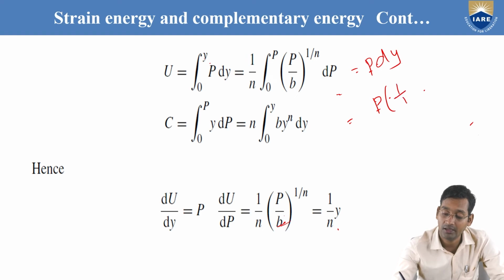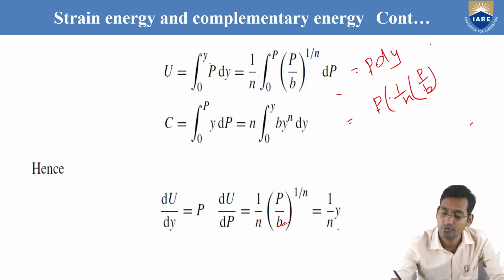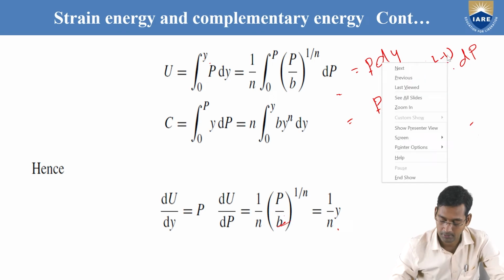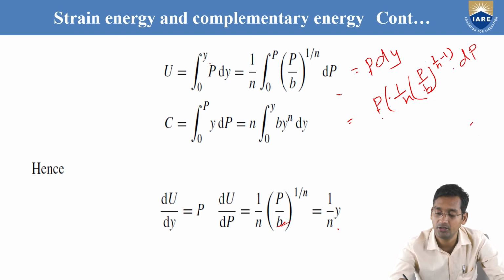So 1 by n (P by B) to the power 1 by n minus 1 into dp. Right, now P by B to the power 1 by n. So after substituting this here, you will get this one.